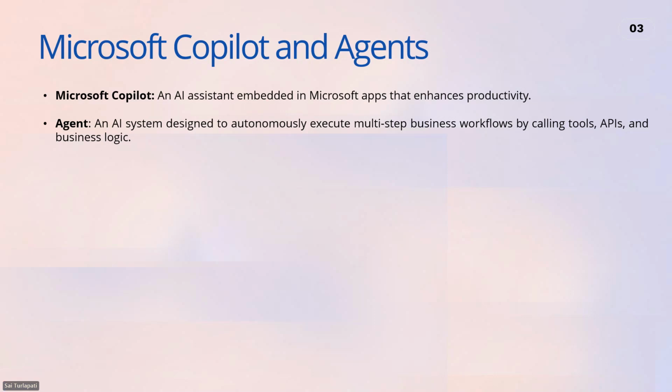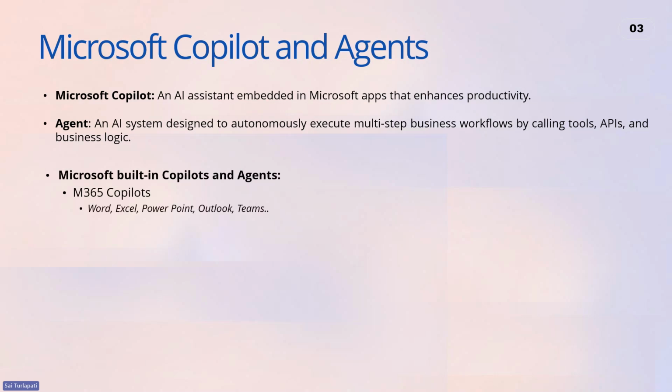And the agent is the actual worker bee that works when a user interacts with this agent or the Copilot or the chatbot. Let's look at what the prominent pre-built copilots and agents are in the Microsoft ecosystem. So, M365 copilots. In Microsoft 365, there are a lot of copilots that already come with it. I'm sure some of you might have already used it. The copilot is available in Word, Excel, PowerPoint, Outlook, and Teams.